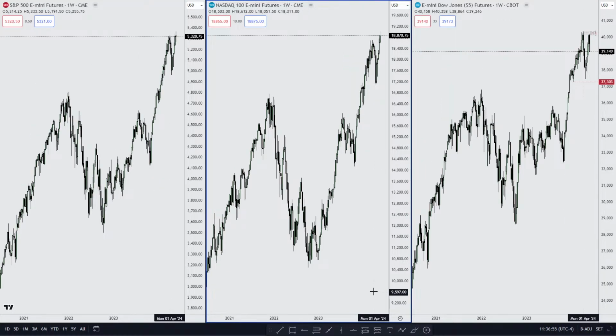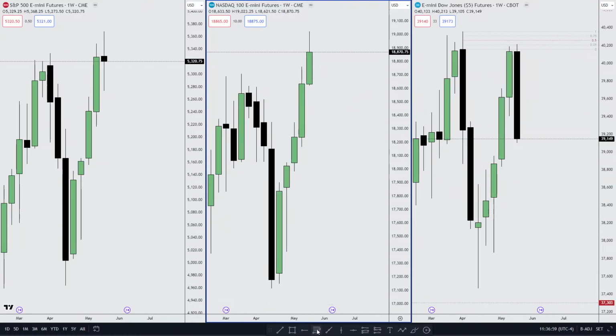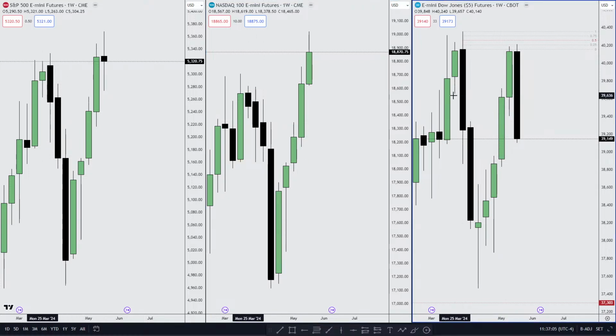Okay, so I would be anticipating this because for Dow Jones, we are obviously going down. If you take a look at the weekly candle here, based on this fair value gap here, we are supposed to use this to send the price higher.